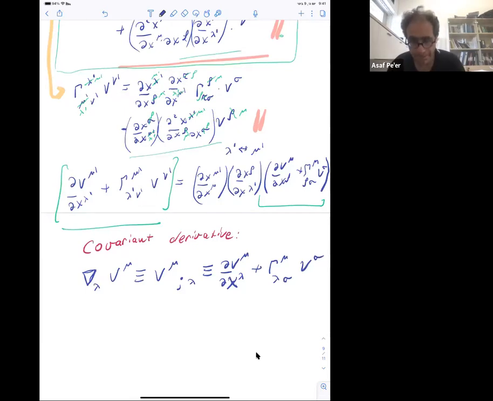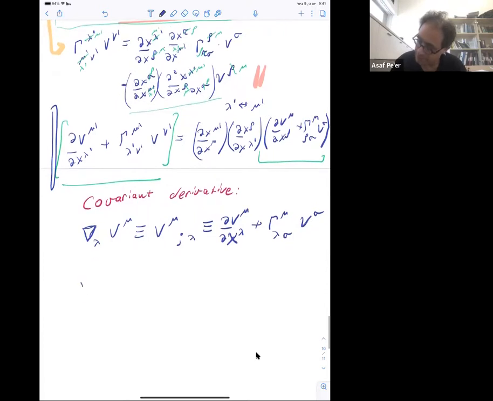So the equation we derived here tells us that this is a tensor, right? Because v mu prime covariant derivative with lambda prime, right?